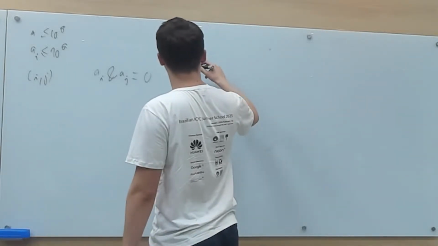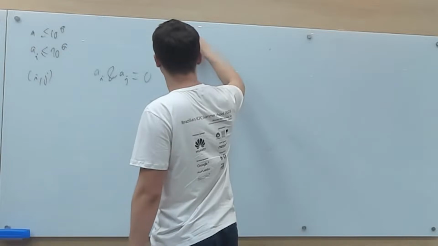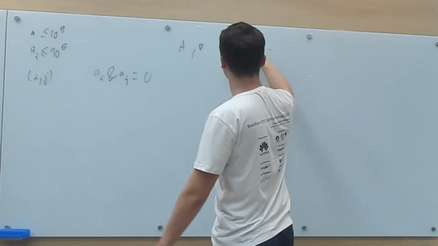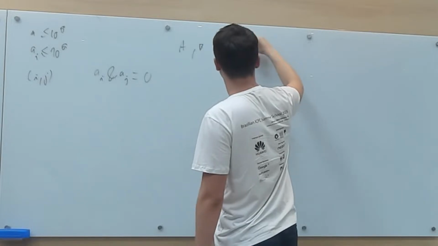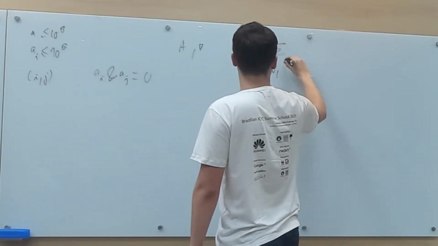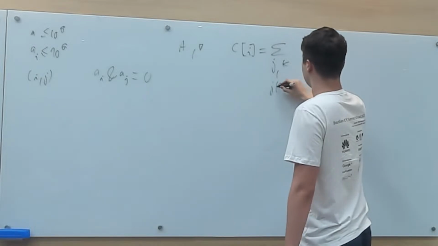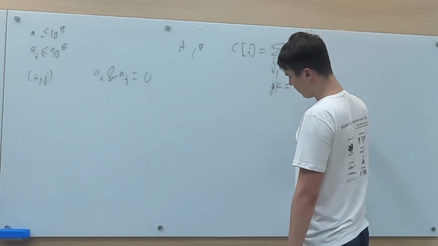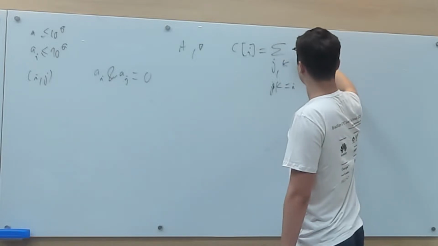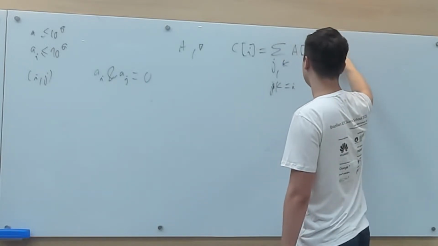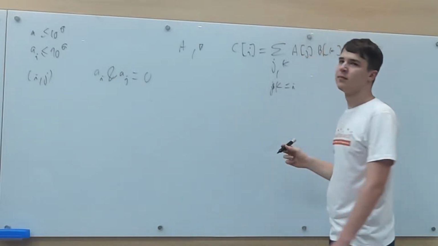So what we want to think about now is, let's say that we have a sequence, a vector A and vector B, and we want to be able to calculate a vector C such that C_i is the sum over all j and k such that j OR k equals i of A_j times B_k.